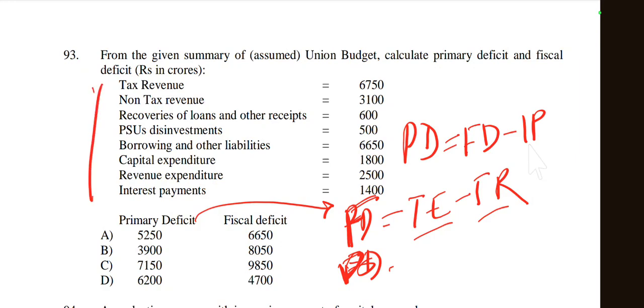So these are the values you have to calculate. Just put the values and get your answer. Please comment in the comment section what is the right answer for fiscal deficit and primary deficit.